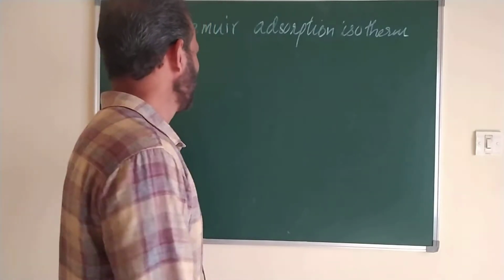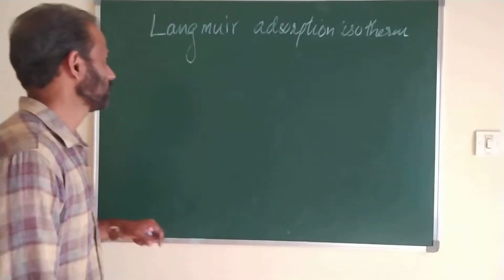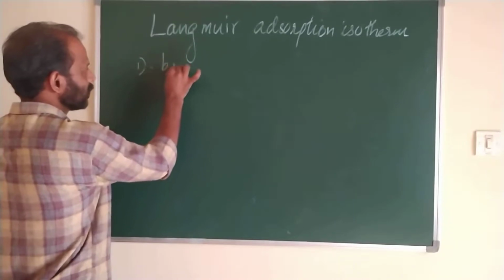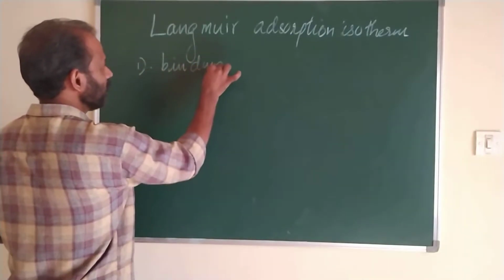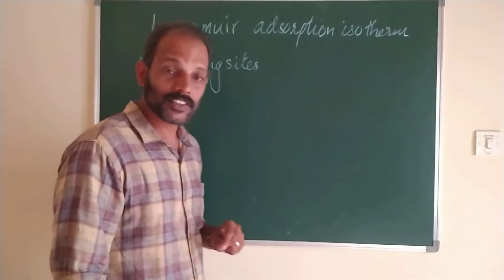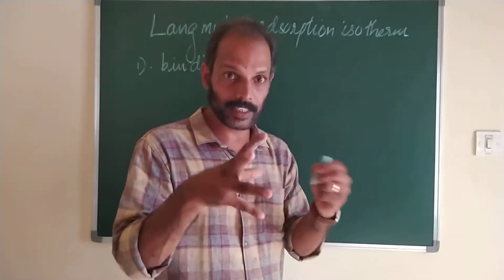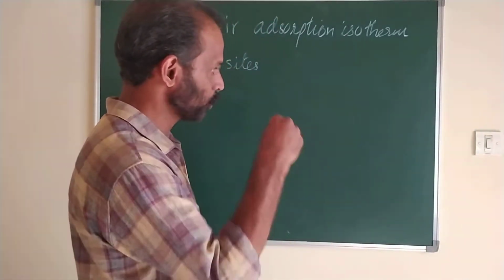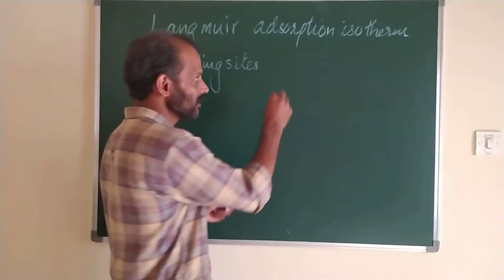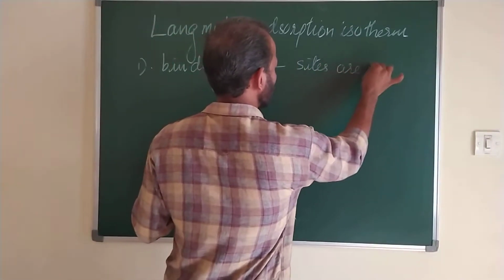So first of all let us have a look at the important assumptions made by Langmuir. The first assumption is related to binding sites. Each surface contains a number of binding sites, vacant sites, that is sites to be occupied, and all sites are the same.